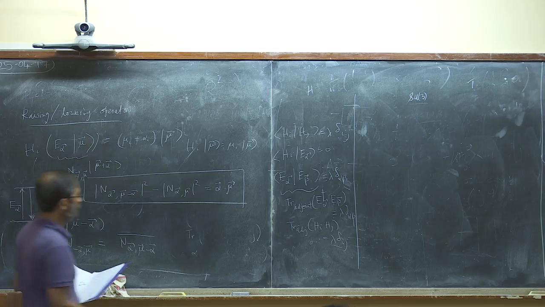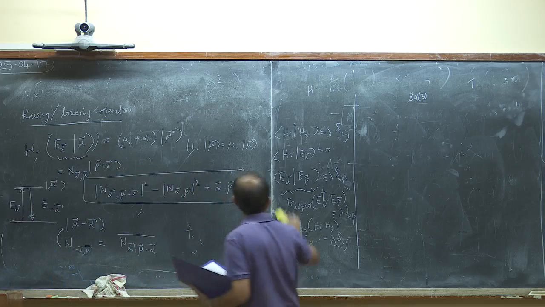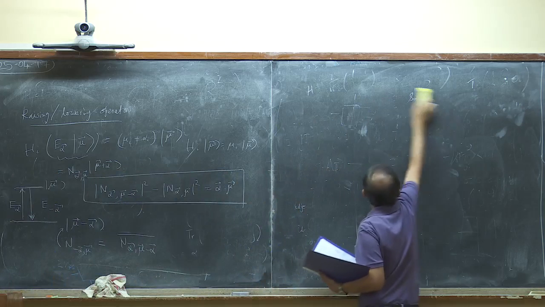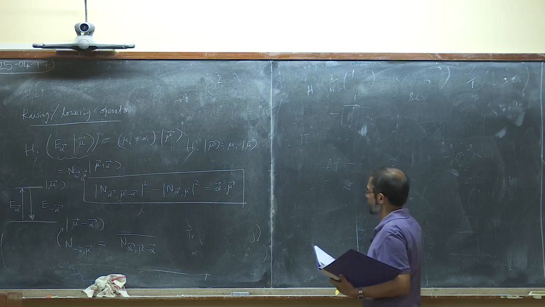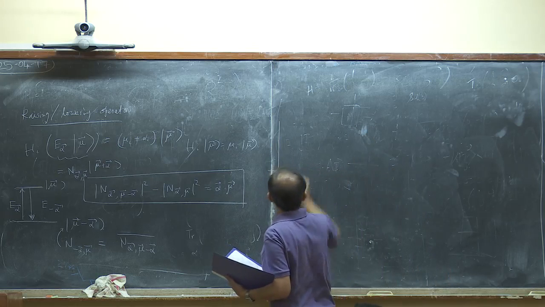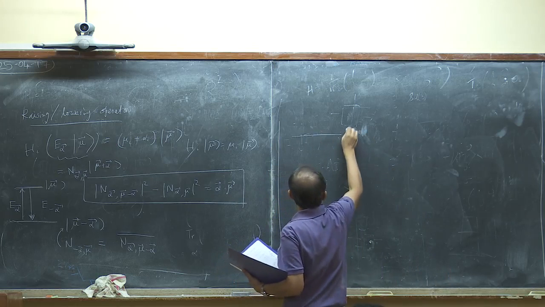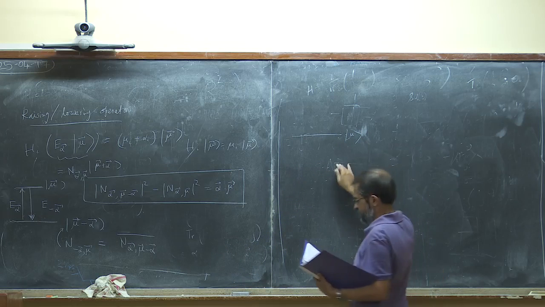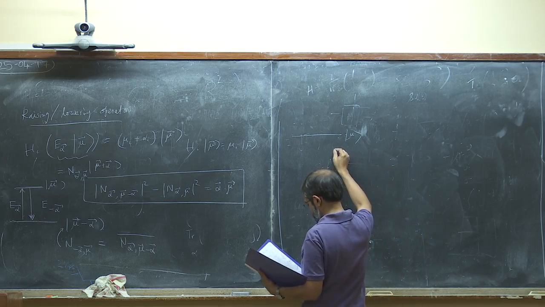So now let's have a little more fun with this. Since I am not going to reach SU(3) today, I will use this part as well. So I start from μ, I go down and I come back.